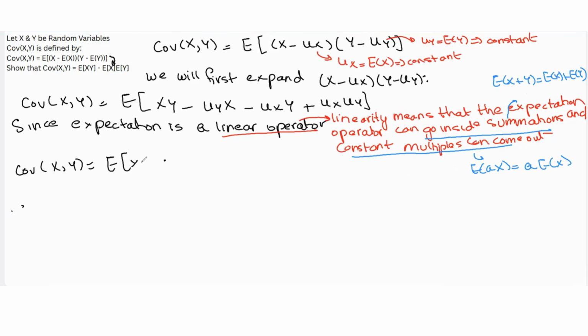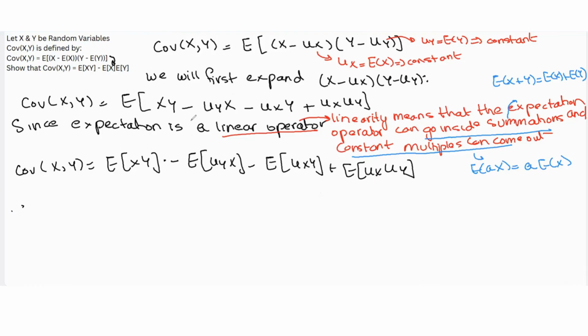Right, so I can write this as expected value of XY minus expected value of mu of Y X minus expected value of mu of X Y plus expected value of mu of X mu of Y, right? Here we're essentially applying the property that expectation can go inside summation.